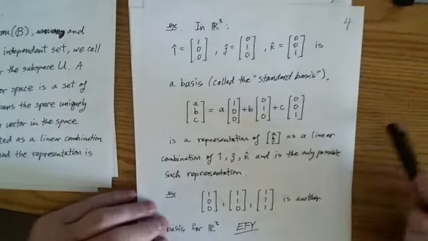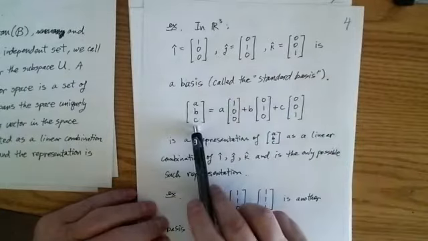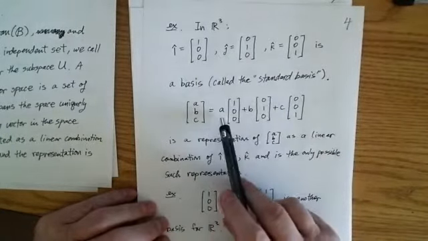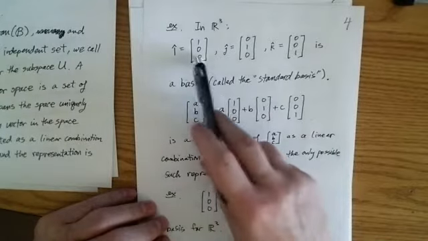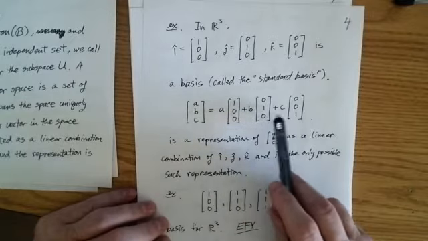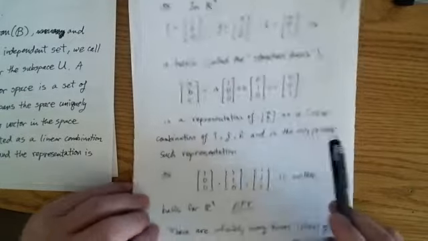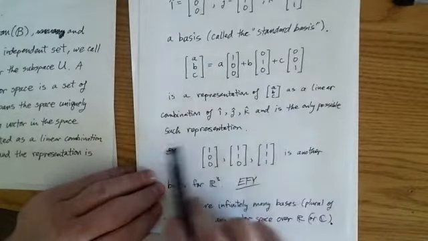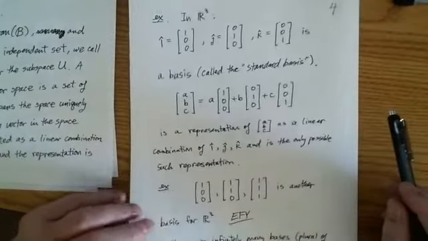This is actually a basis. Do you see, if I take any vector (a, b, c) in R cubed here, I can write it as a linear combination of i, j, and k this way. That's a times i plus b times j plus c times k. And so there it is as a linear combination of i, j, k. And it's the only possible such representation, right?